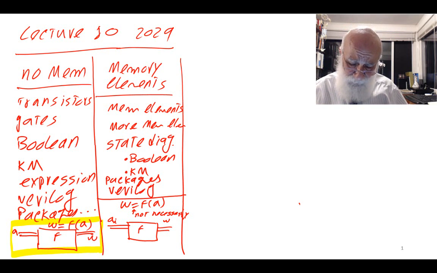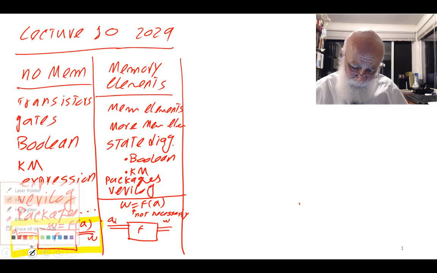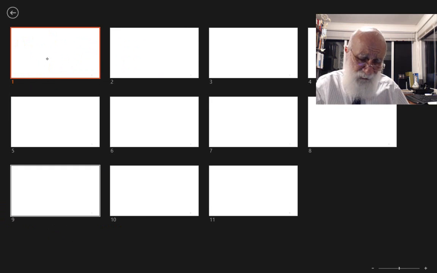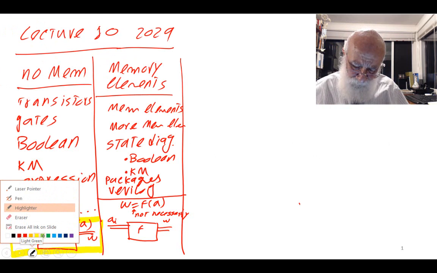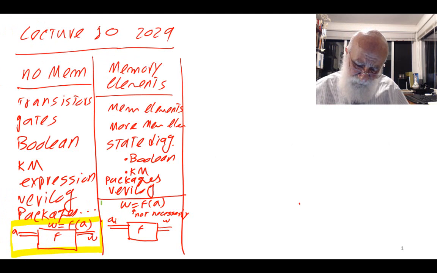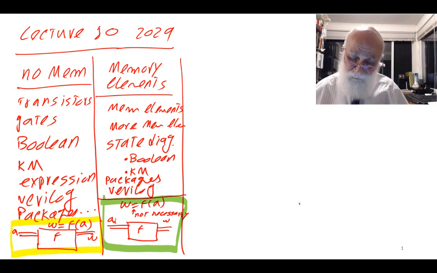The kind of circuits we were dealing with before is called combinational circuits, and the kind of circuits we are starting to talk about are called sequential circuits.